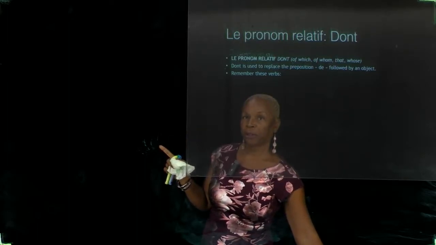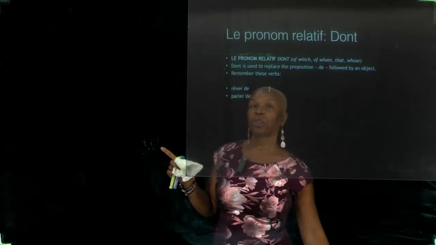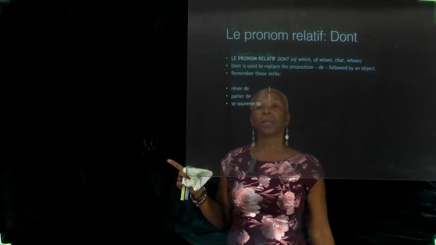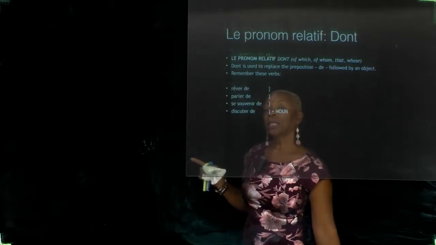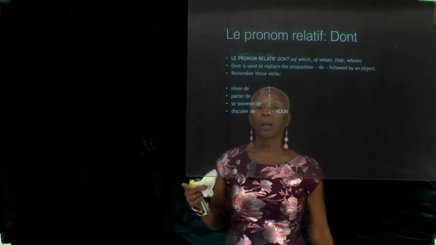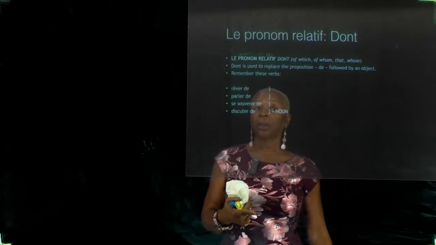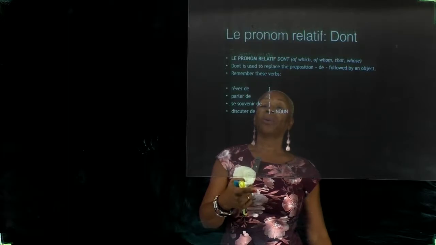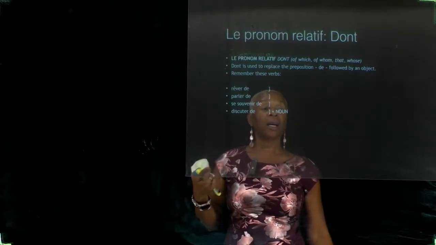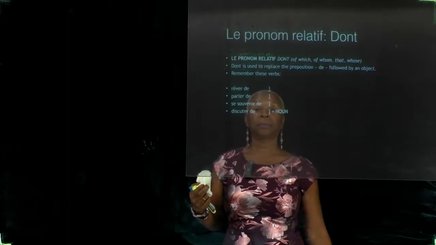Please remember these verbs. Rêver de, which means to dream about. Parler de, se souvenir de, discuter de. All of these verbs followed by a noun are going to need dont when it comes to using relative pronoun. D'accord?